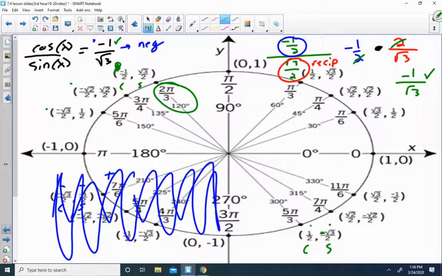But if you do the math, you're still going to get the same answer, even if the negative is with the sine. So that tells you right away that this is the angle we want. And then the other two would fall through. So there you go. Those are your two angles, 2 pi over 3 and 5 pi over 3.